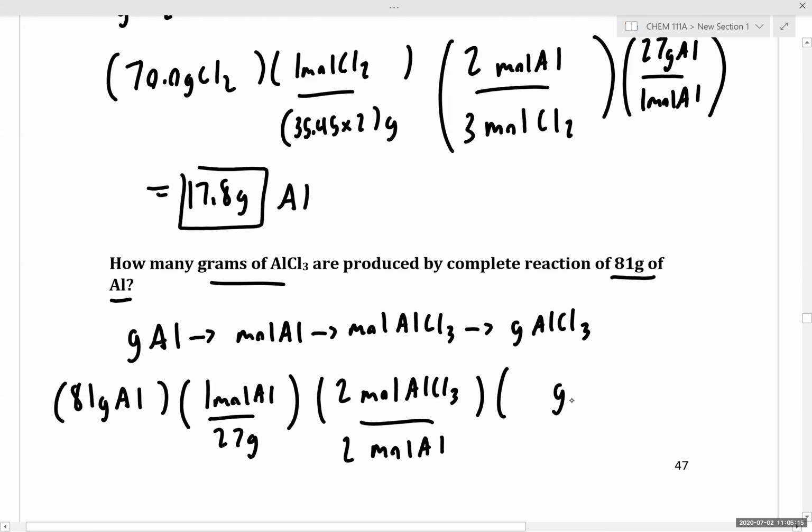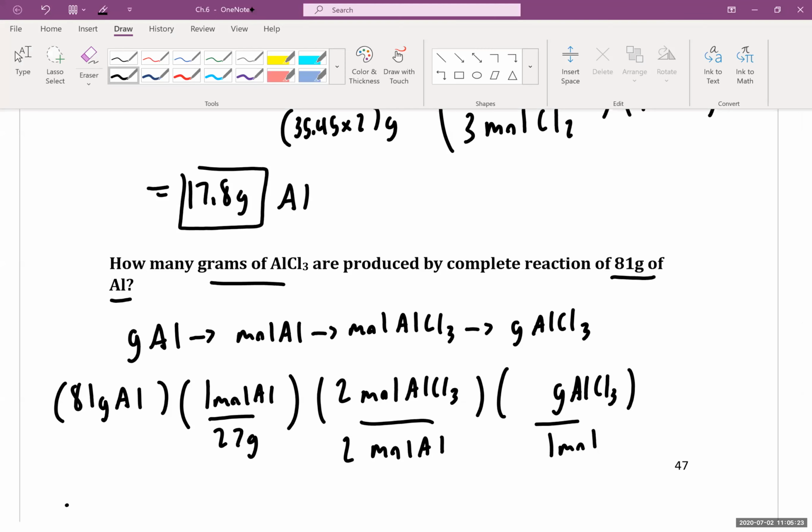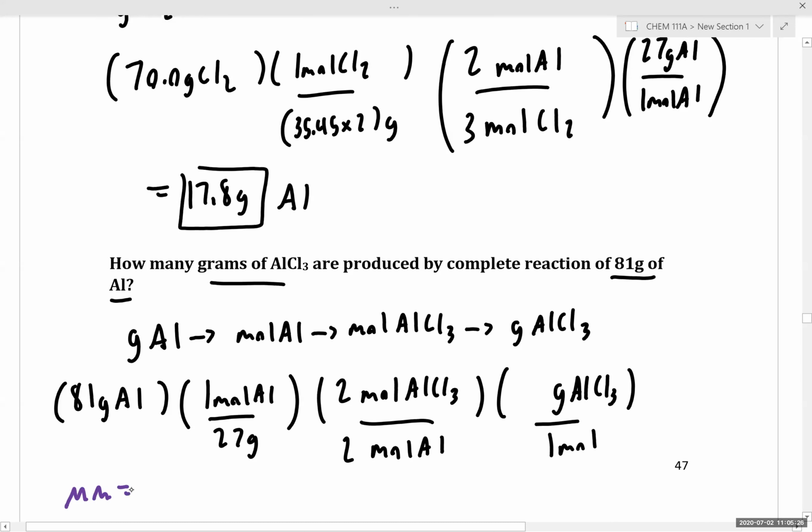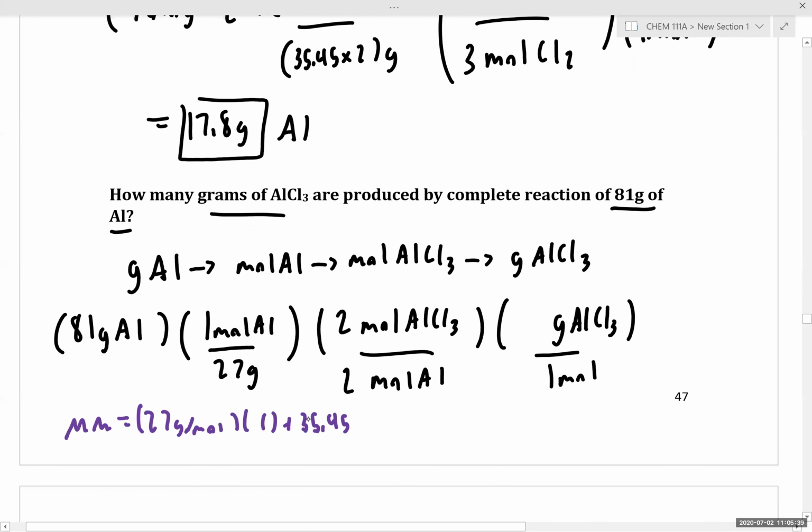Okay, and now we have to look at how many grams of aluminum chloride are present in 1 mole. So let's do a quick sidebar molar mass calculation. So we have 27 gram per mole times 1 plus 35.45 gram per mole times 3. Okay, punching that into our calculator, we get 133.35.